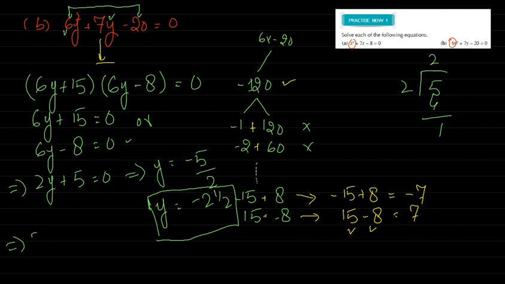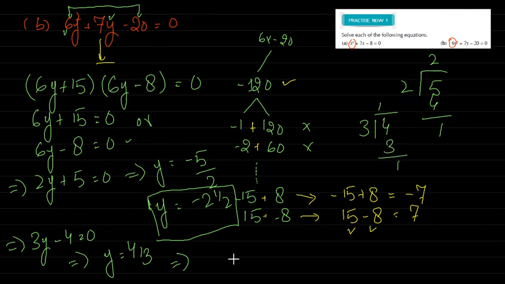It becomes 3y minus 4 is equal to 0, and if you simplify it, it becomes y is equal to 4 by 3, which is equal to y is equal to 1 whole number 1 by 3.